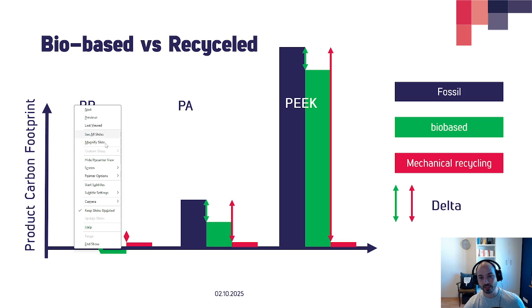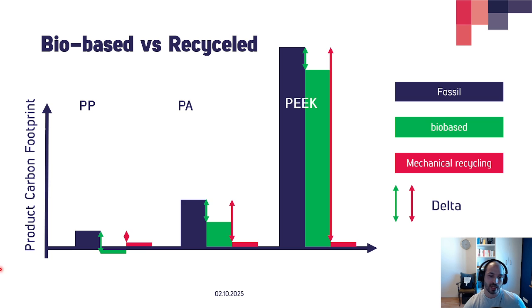The chart shows the product carbon footprint, cradle to gate, very important, cradle to gate. So basically when you buy it from a plastic manufacturer. Then we have polypropylene, which is a prime example of a commodity. Then you have polyamide, which is a prime example of an engineering plastic. And we have PEEK as a representative of the high performance plastic family.